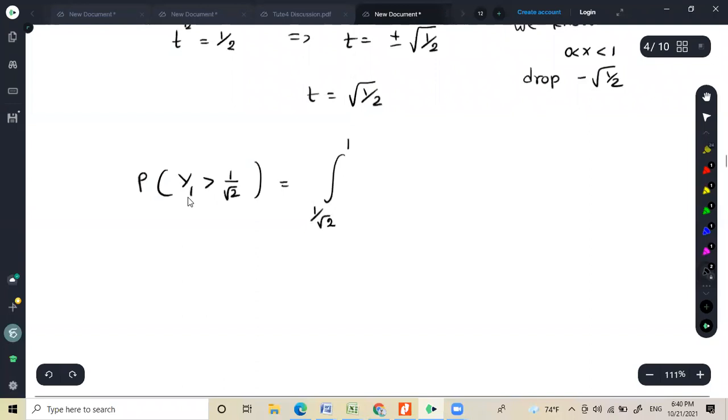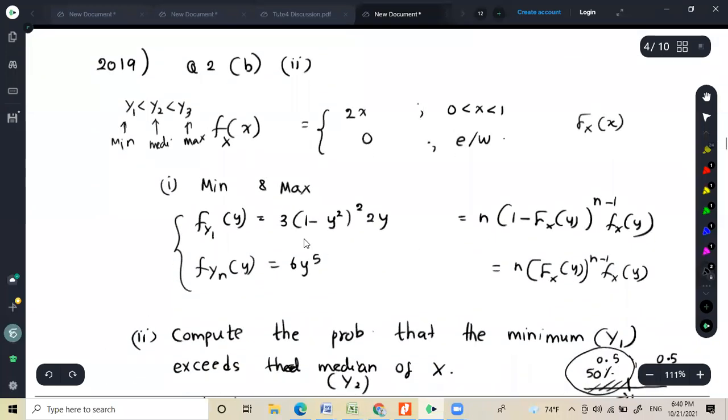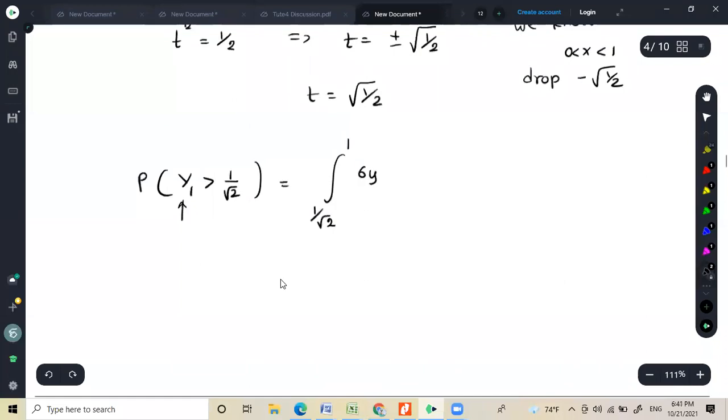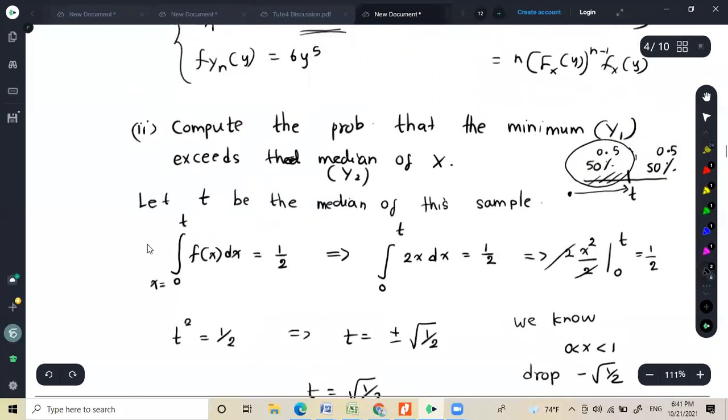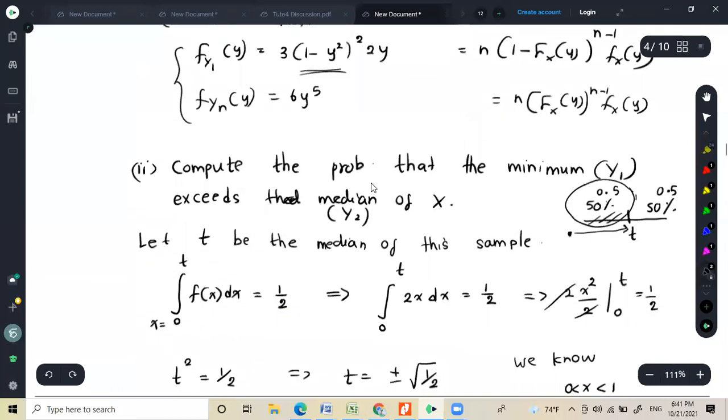Now remember, you are doing y1, okay? Not x. What is y1? Y1 is this one. 3 times this. You can write this as 6y. So I'm writing it as 6y times 1 minus y square. Okay. See, 3 times 2, 6. 6 times y times 1 minus y square to the power 2.